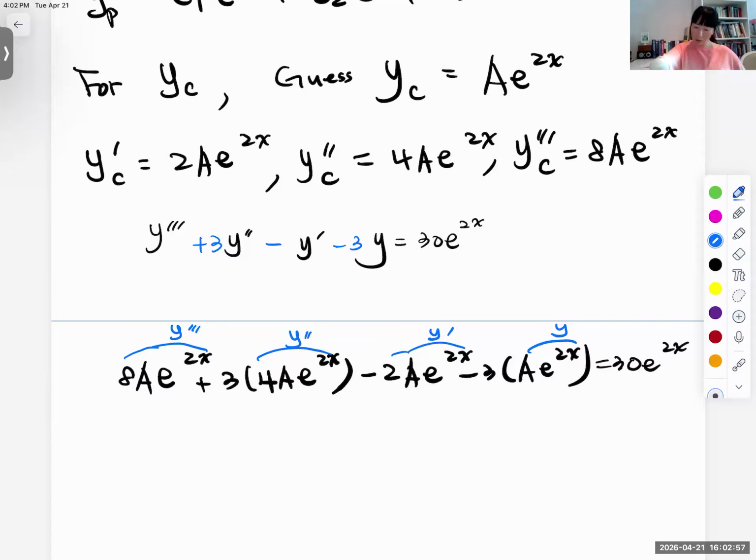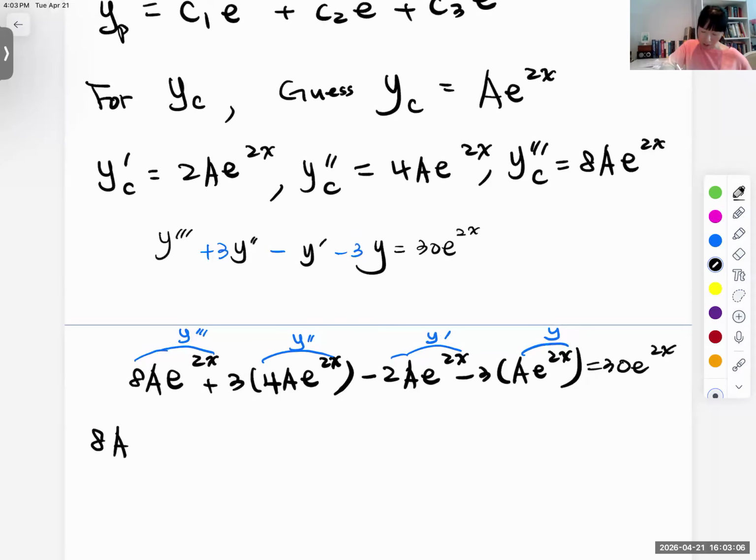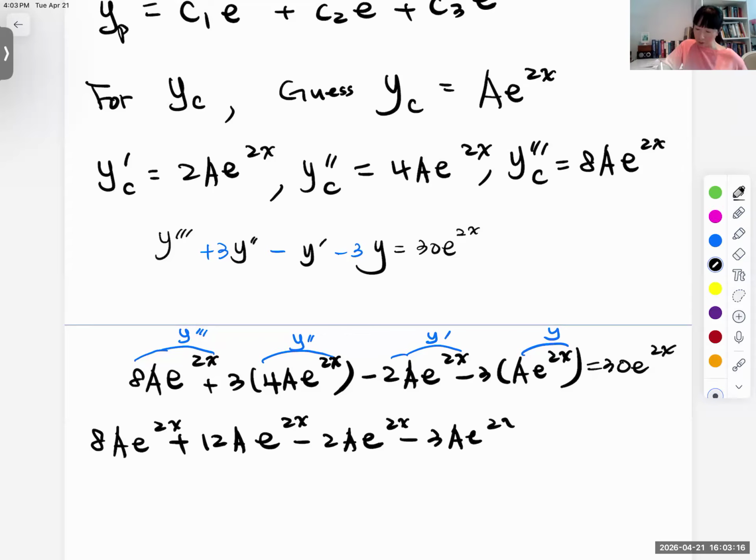Okay, now let me rewrite. 3 times 4, we need to calculate. So 8a e to the 2x plus 12a e to the 2x minus 2a e to the 2x minus 3a e to the 2x equal to 30 e to the 2x.